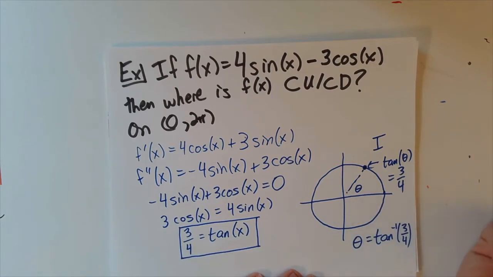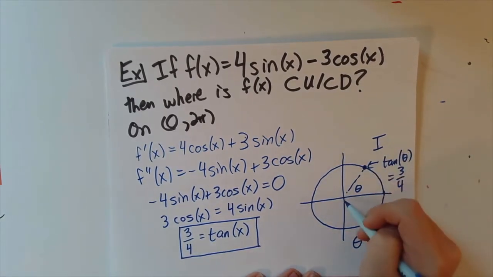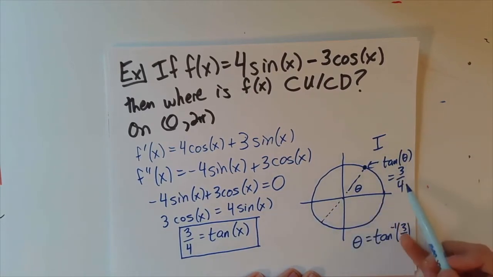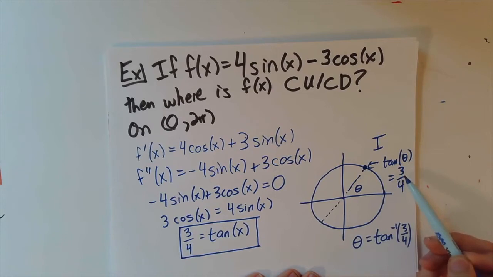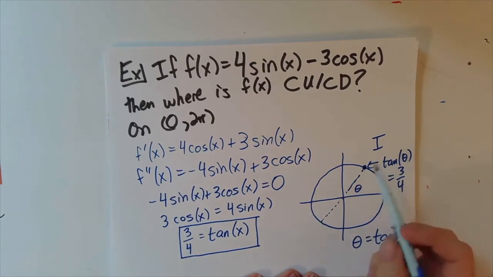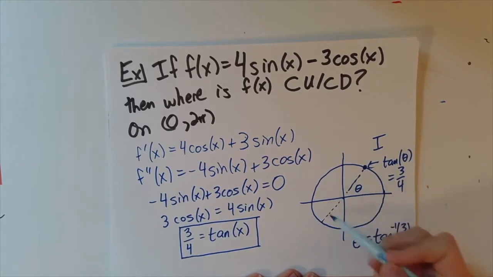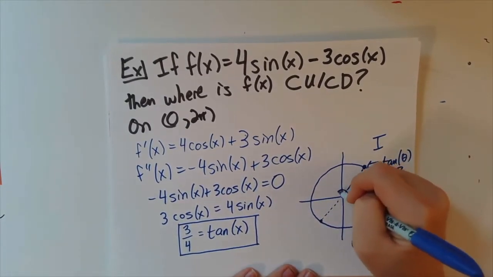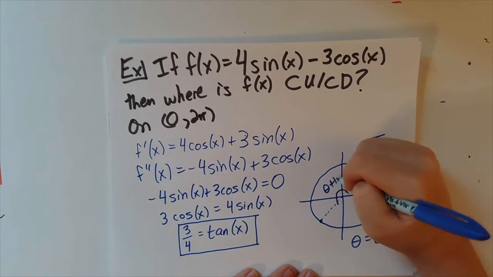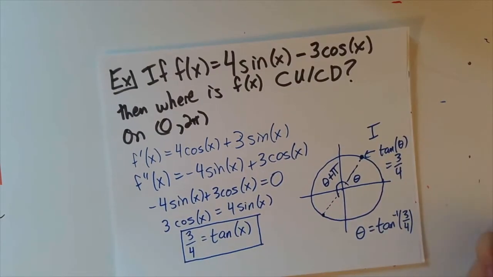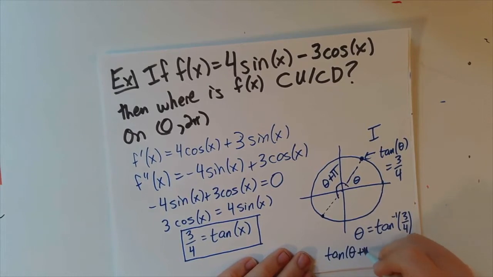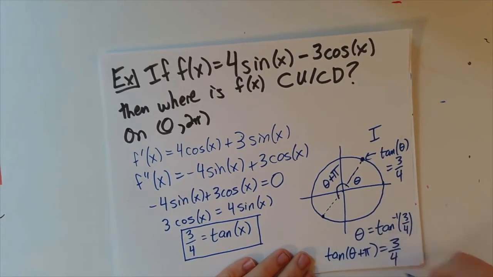So in fact, we get another time when this tangent takes the value 3/4 in the unit circle, exactly pi more around, which is just the other side. So here at the angle theta plus pi, we also have that the tangent of theta plus pi is also 3/4.